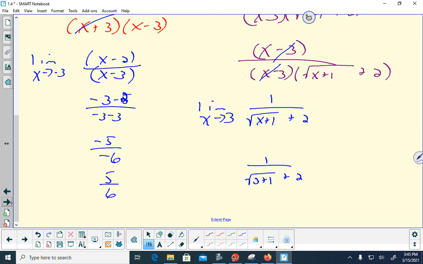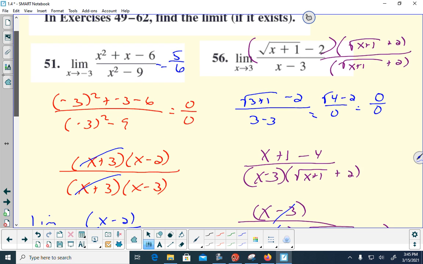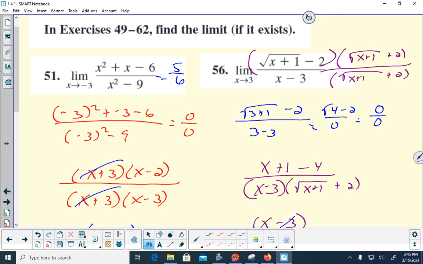So that's 1 over the square root of 4 plus 2. The square root of 4 is 2, so 2 plus 2 is 4. So I'm going to get 1/4, which means this whole limit is going to be 1/4.